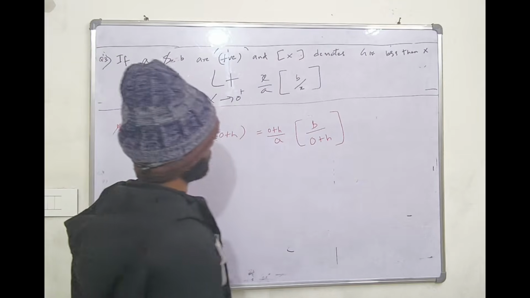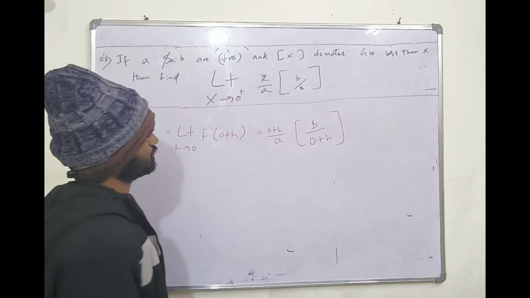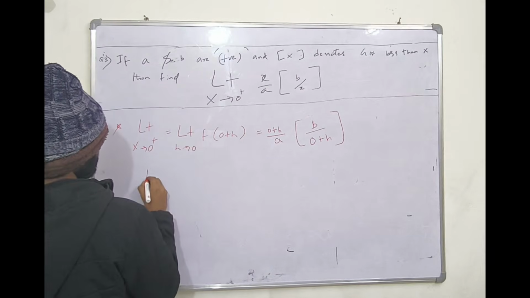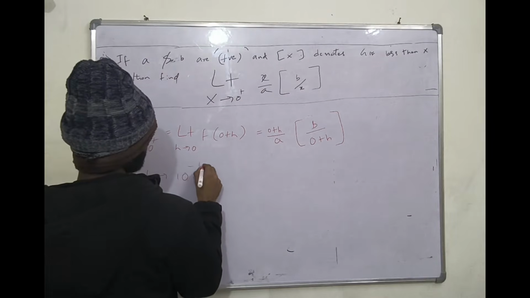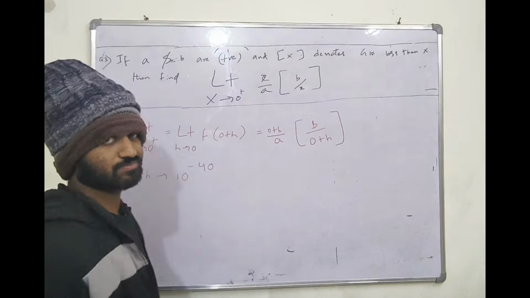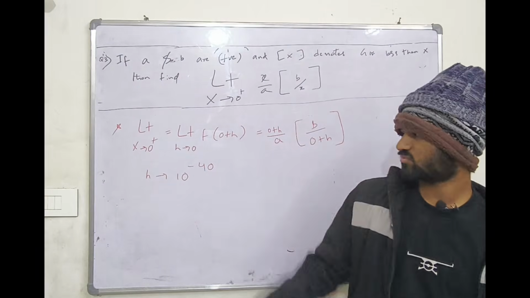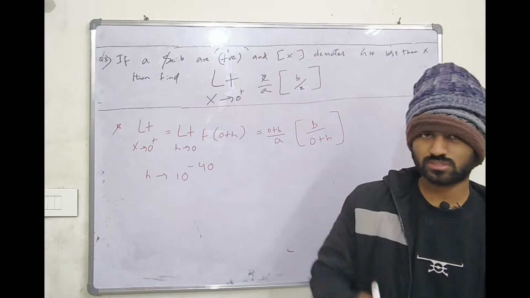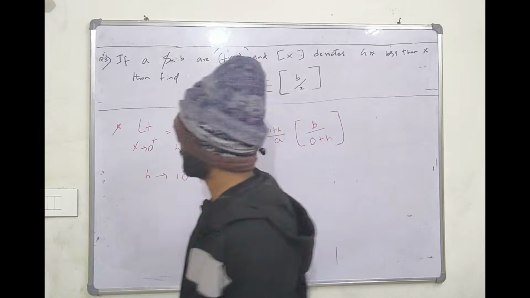So here, if you solve directly, what happens? Let's take an example. h equals 10 power minus 40, because h is positive, you know 10 power minus 40 is positive, and h is an infinitely small quantity, very very small.